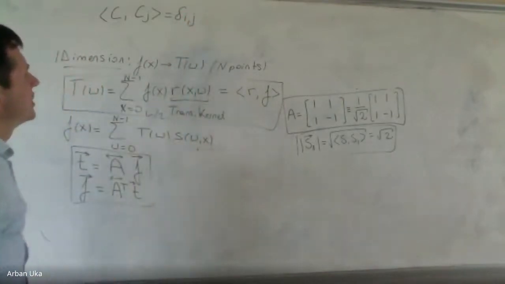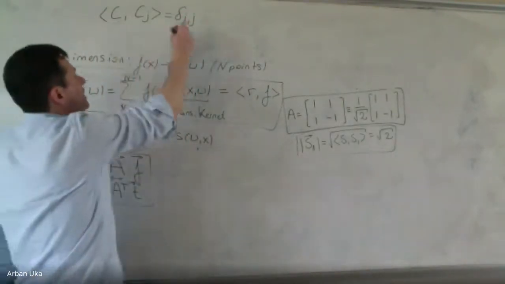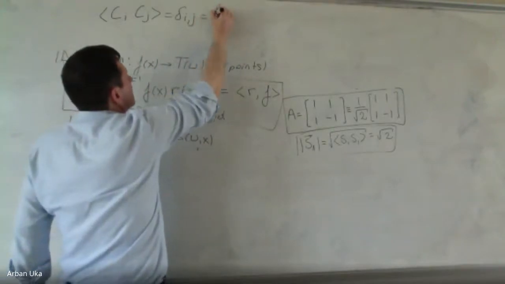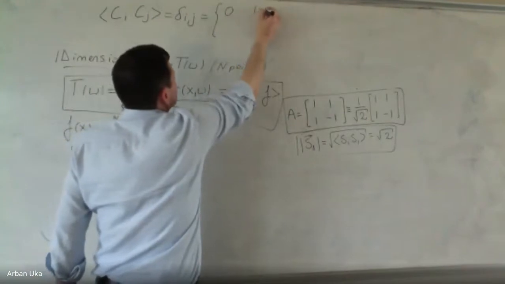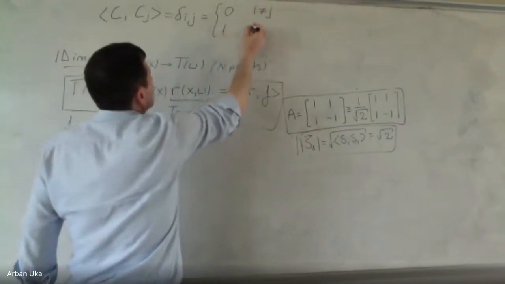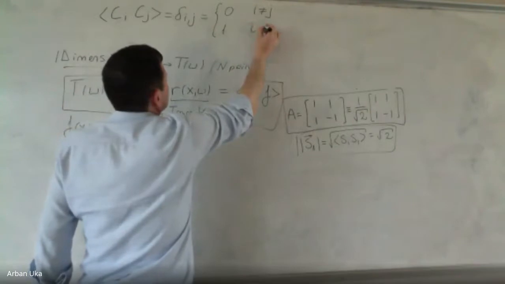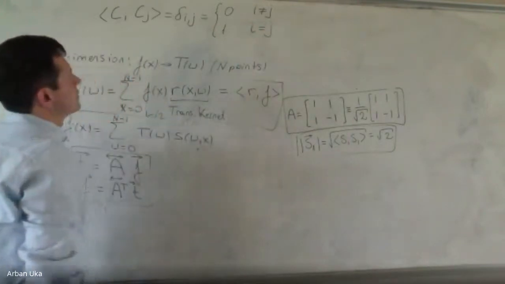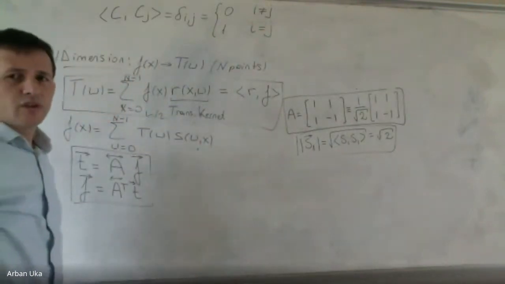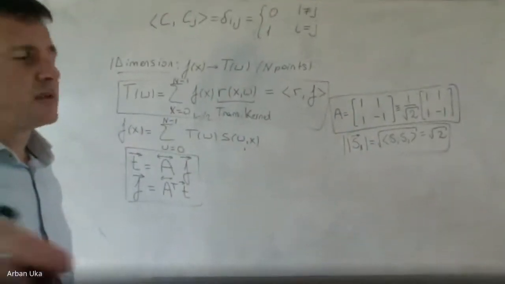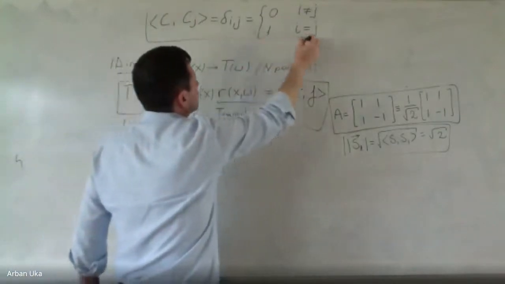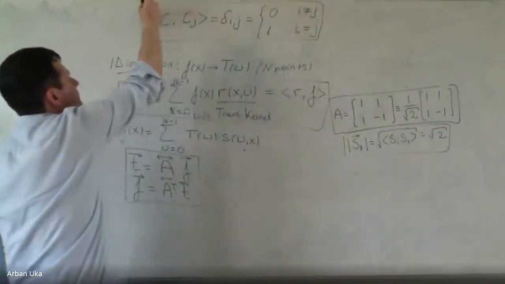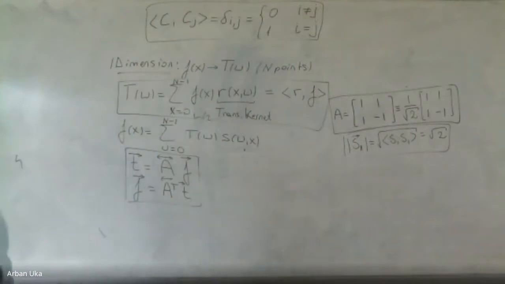The delta ij is equal to 0 if i is different from j, and it's equal to 1 if i is equal to j. So whenever we take the inner product of a vector with itself, the magnitude should be equal to 1. So this is one way to represent an orthogonal matrix, or maybe the comprehensive method to represent them.